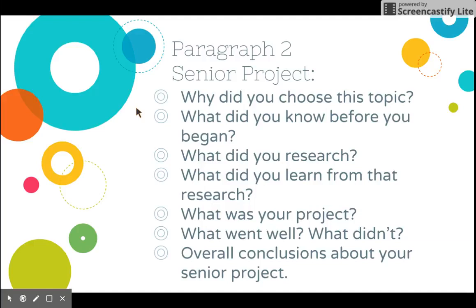But some of these are really non-negotiables. For example, you should tell us why you chose this topic, and certainly your overall conclusions about your senior project. I think that's really good. It shows a sort of reflection, and adds another dimension to you as a human being.